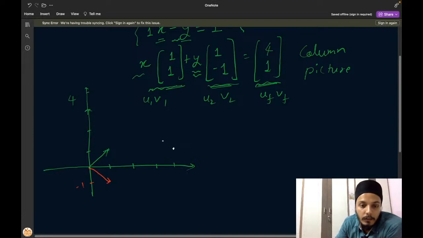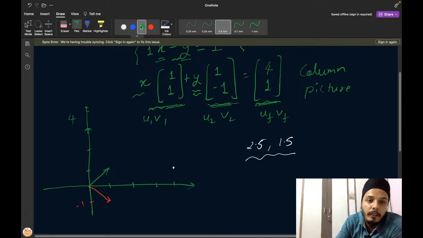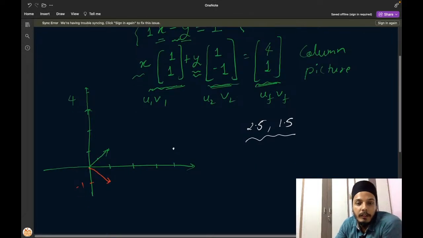Now let us go backward, so that it will be helpful to understand our later cases. Our solution for x and y was 2.5 comma 1.5. So let us see how we can draw this, so that we reach this final vector. This is our first vector 1 comma 1, you multiply it by 2.5, so our vector expands, so it will reach this point.